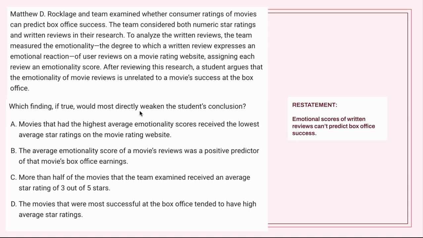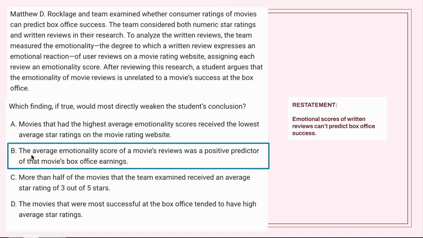So if we're talking about weakening the student's conclusion, let's think about what the opposite of this would be. The opposite of this statement would simply be that the emotional scores of written reviews can predict box office success. So, based on how emotional the written reviews are, we can see how well the movie is going to do. Take a second and see which one has the relevant details that undermine this student's claim.